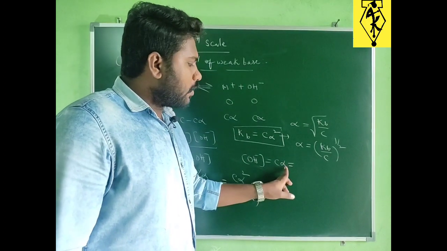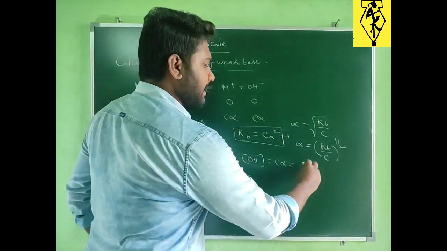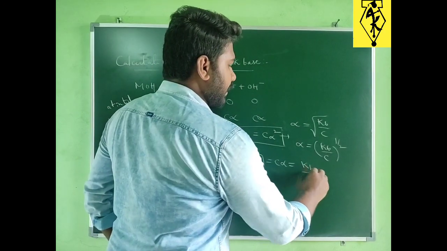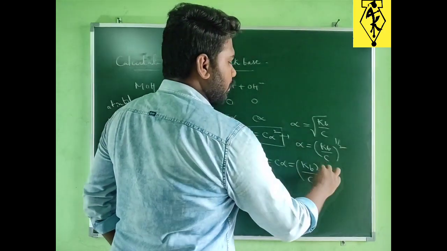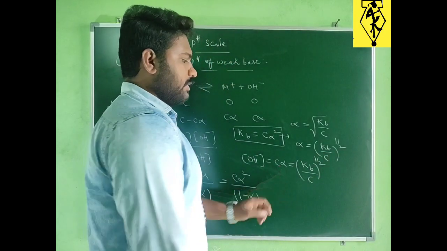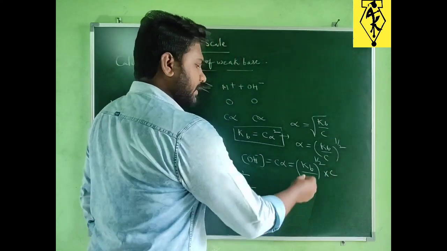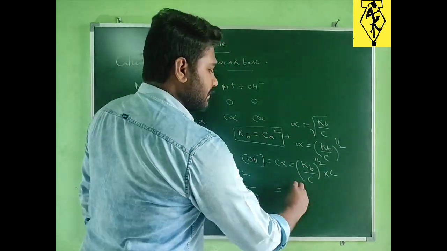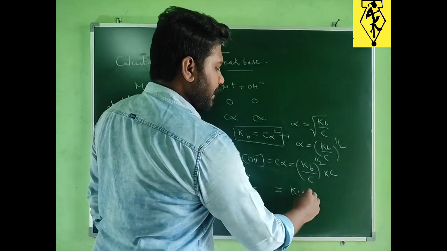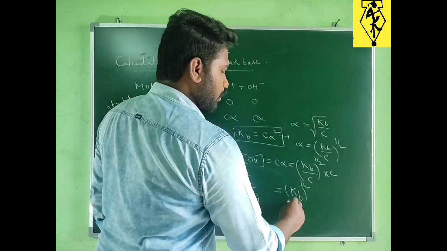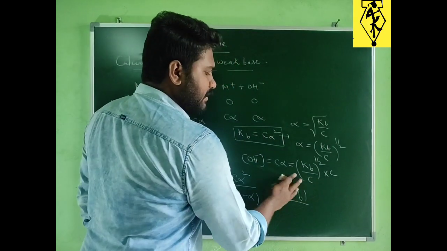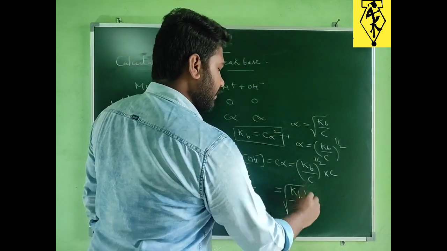Here already I have the alpha value, that is Kb by C whole power 1 by 2 into C. So this can be written as Kb whole power 1 by 2, or else instead of this 1 by 2 we can take square root.